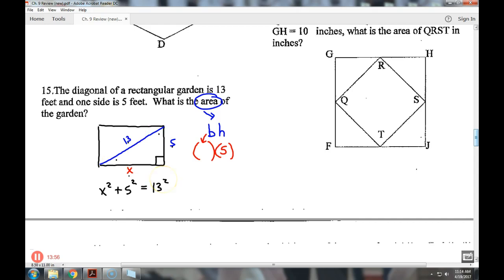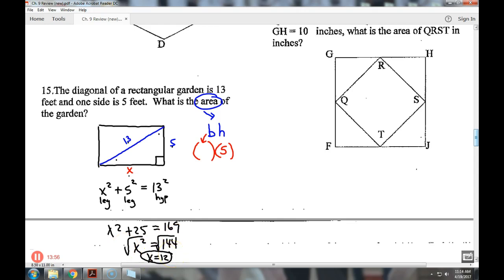But remember, Pythagorean Theorem, leg squared plus leg squared equals the hypotenuse squared. So I crank that out, and I get x squared plus 25 is 169, which, subtracting the 25 from both sides, I get x squared is 144. And take the square root, and I get x equals 12.